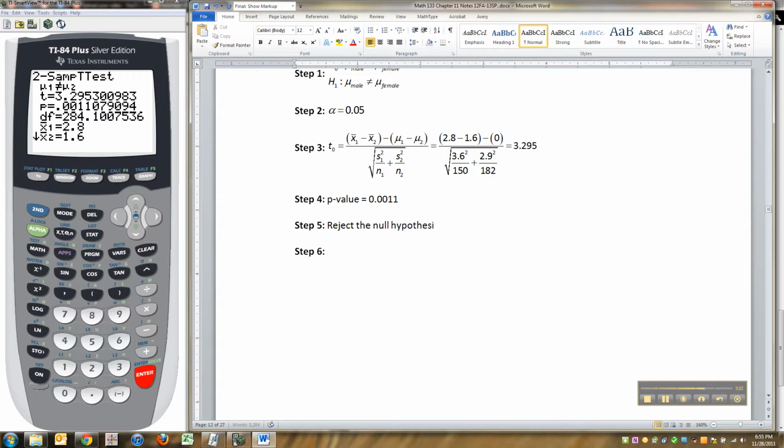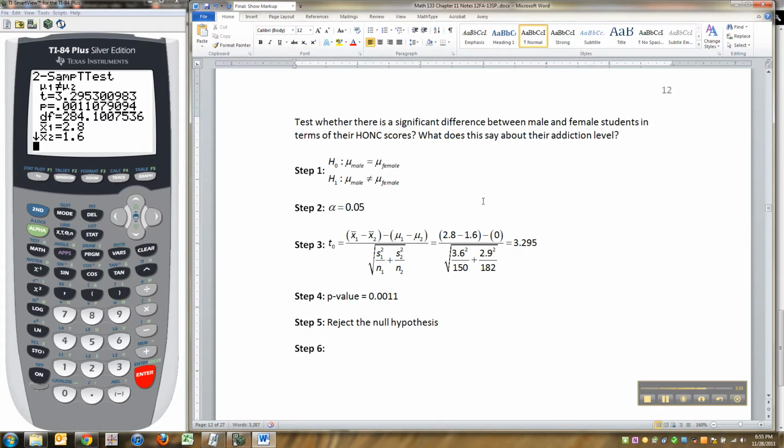I don't even think they gave us an alpha, but we would generally guess it would be alpha equals 0.05. If we're not given one, that's the standard one you pick, or 0.01. 0.01 is a good one as well. So we could say because the p-value, which is equal to 0.0011, is less than alpha.